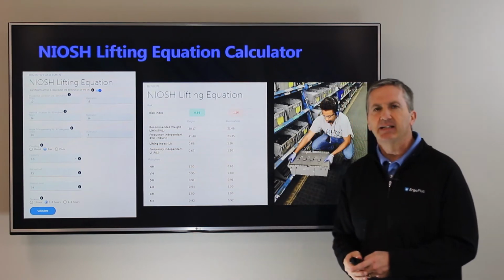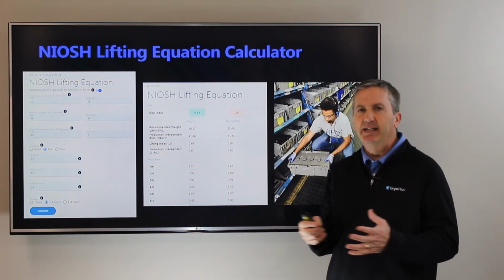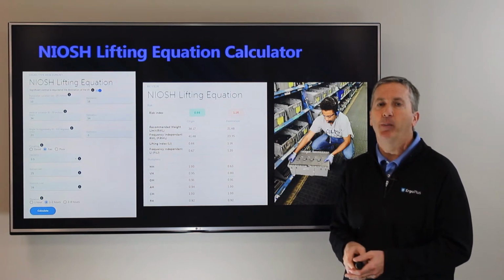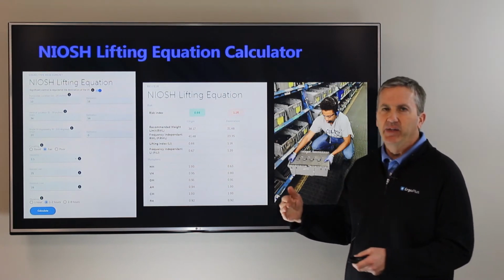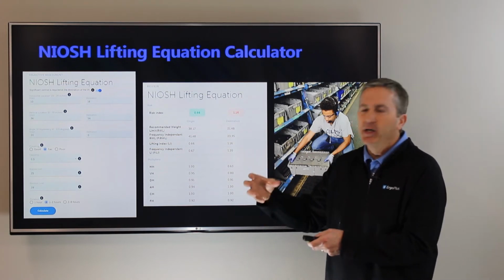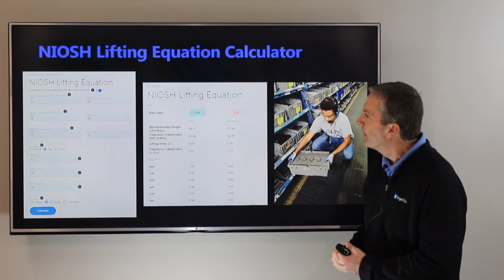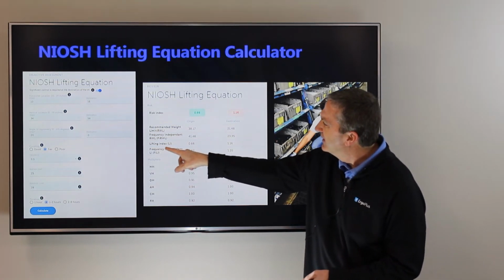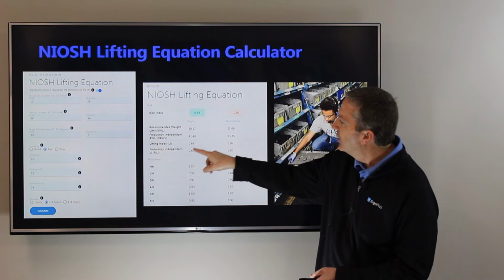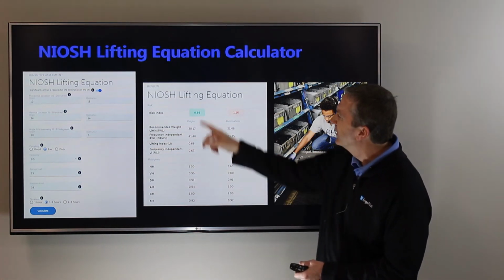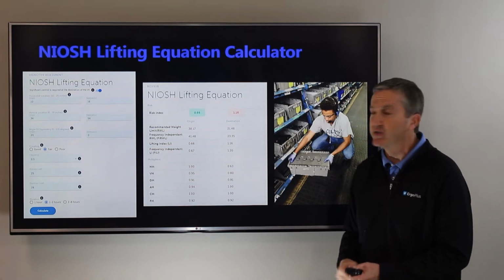The lifting index, as I said, is a risk index, which gives us an idea of the level of risk, or how much, if the actual load exceeds the recommended weight limit, how much so, and what's that ratio. So in this case, at the origin, the lifting index is below 1.0, and the risk index therefore is below 1, which is good.